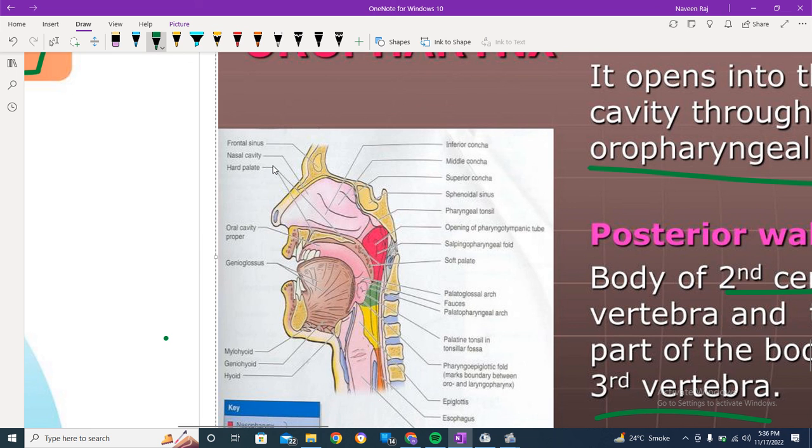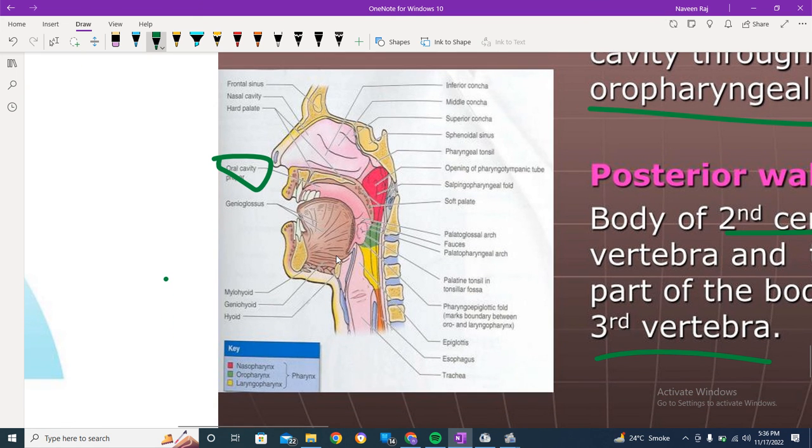Over here we have another picture, showing the oral cavity. The labeling related to our topic is not present here, but the key is over here.